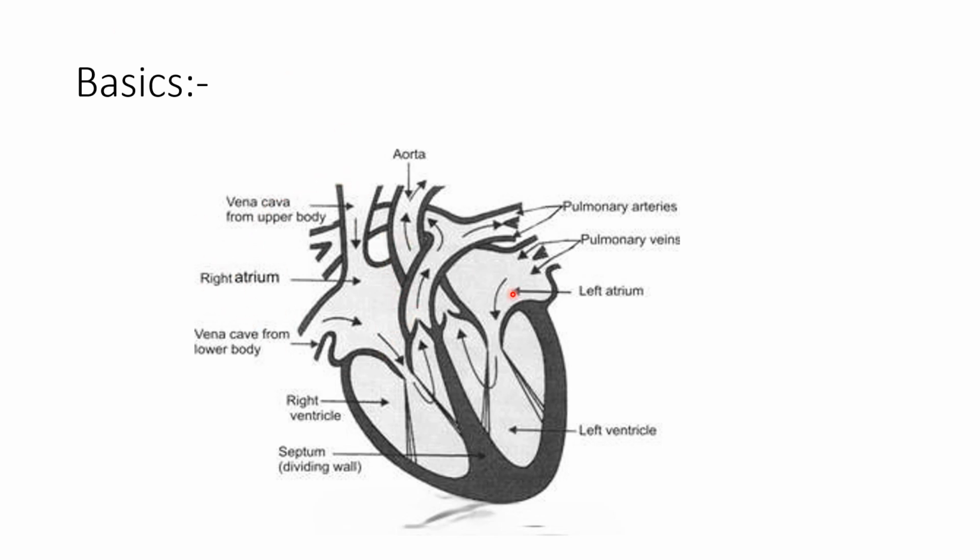So let's see the blood flow. The purified blood, the oxygenated blood, which is coming from the lungs, will enter by means of the pulmonary veins into the left atrium. From here, the blood will go into the left ventricle by means of the mitral valve or bicuspid valve, as it is the valve between the left atrium and left ventricle.